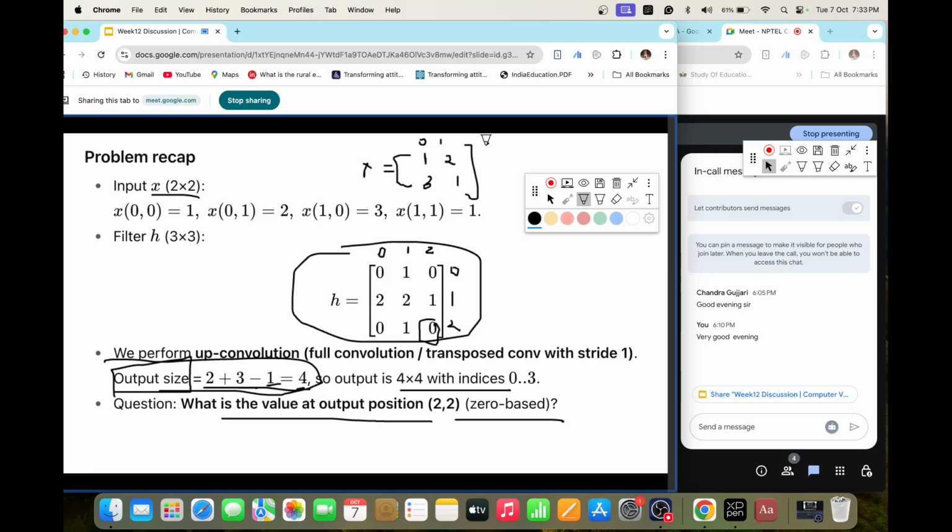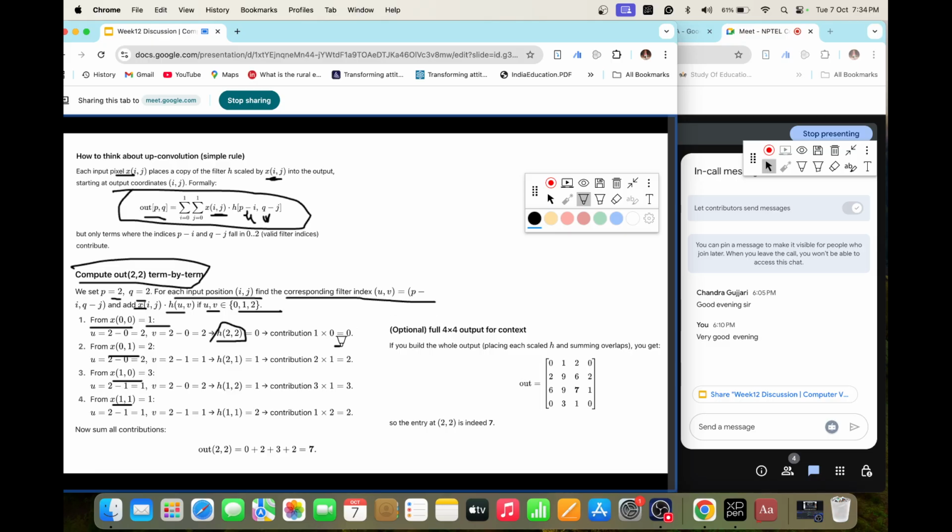So x 0 comma 0 times h 2 comma 2 is 1 into 0, so our answer will be nothing but 0.